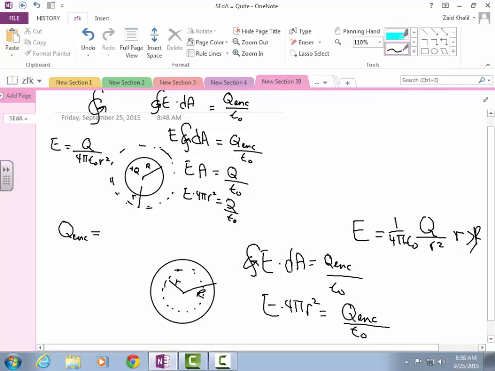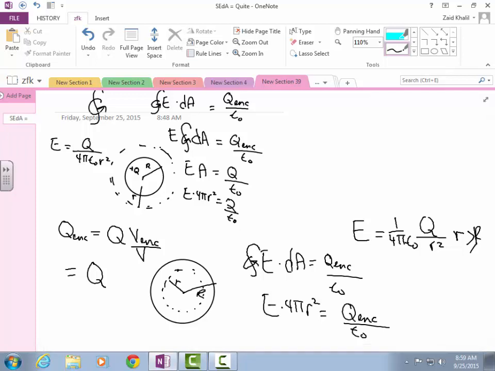So it would be Q times V enclosed over V. Is that right? That seems reasonable. And that would leave us with what? Q times little r cubed divided by big R cubed.